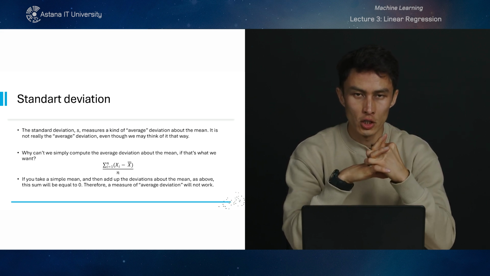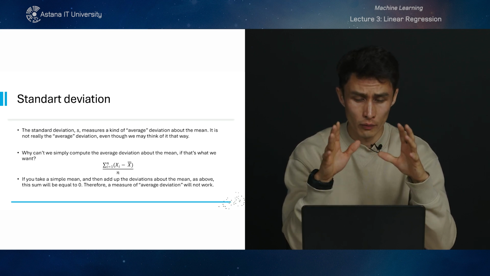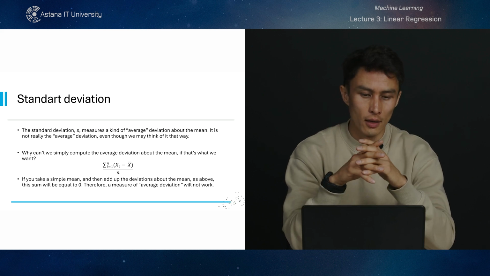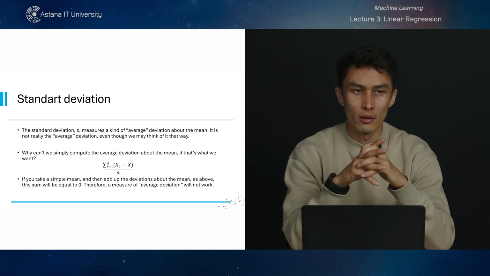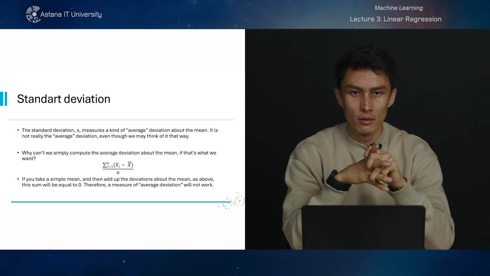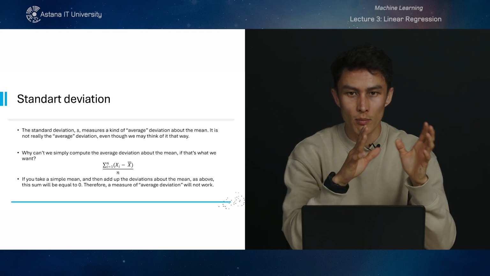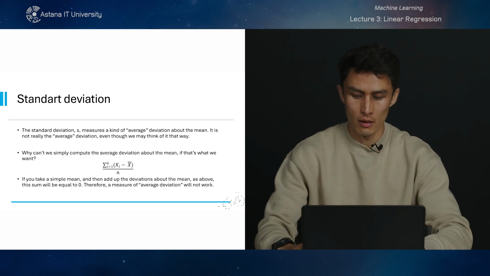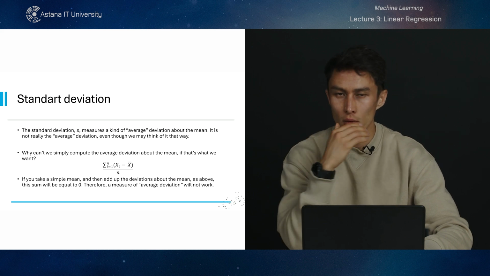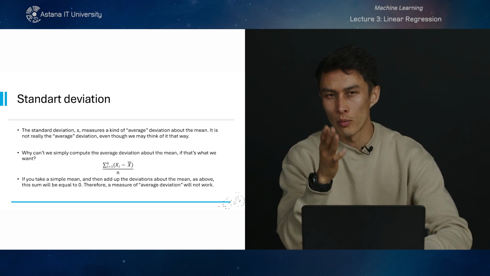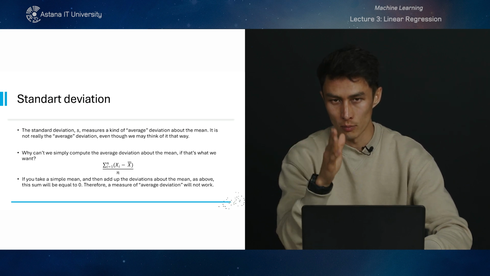In such a case, we just measure the height of all Kazakh men, and then we can sum up and calculate the mean value. But deviation shows that some men have very high height or low height, and we want to know how much it differs from the mean value. So how much it deviates from the mean value.